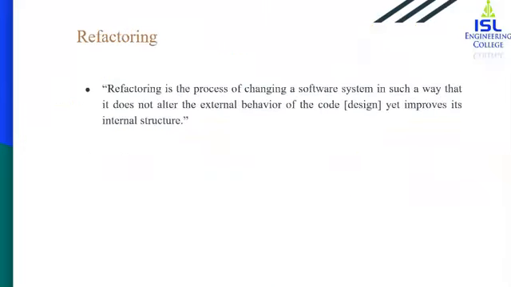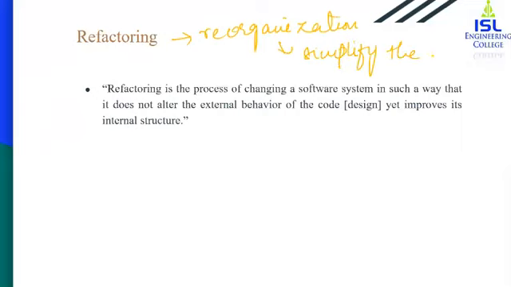The next one is refactoring. Now, what is refactoring? Refactoring means you are reorganizing the code so that you can simplify the design. Refactoring is a reorganization technique that can be used to simplify the design, or you can say simplify the code of a particular component.